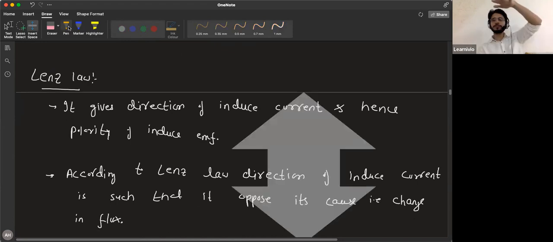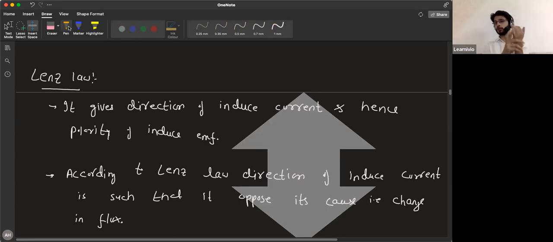Flux can increase or flux can decrease. So Lenz's law says if flux increases, then induced EMF will try to decrease the flux. And if flux decreases, then induced EMF will try to increase it. That's Lenz's law.